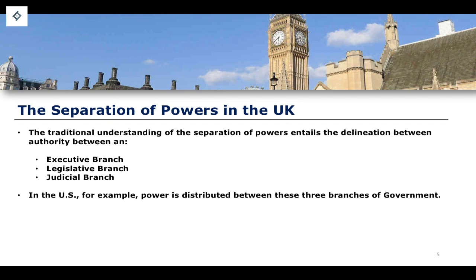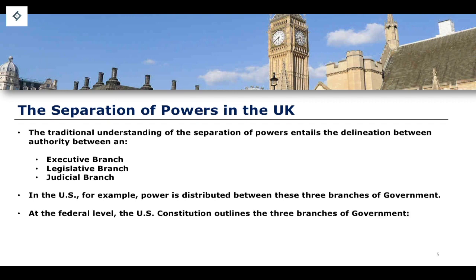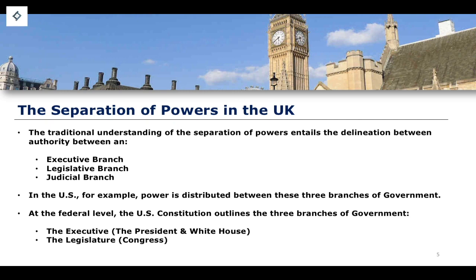In the US, we have these three branches of government, for example. At the federal level, so making it clear that we're talking about this at the federal level, the US Constitution outlines three distinct branches of government. We have the executive branch, which is represented at the federal level with the president and the White House mostly. We then have the legislative branch, or the legislature.